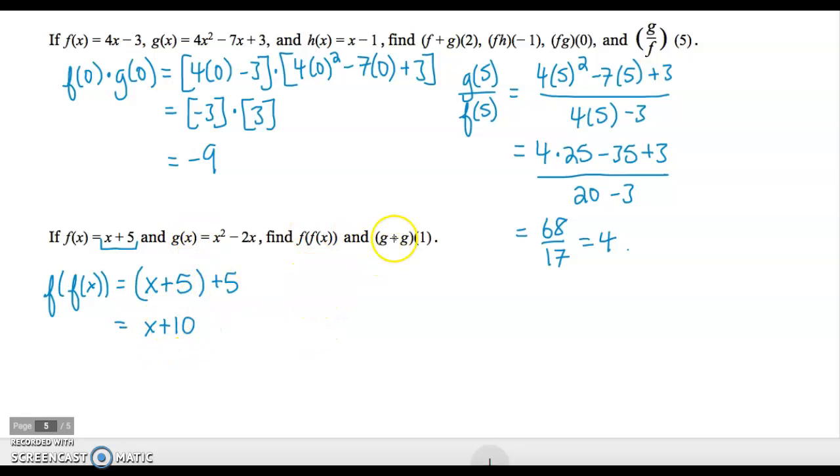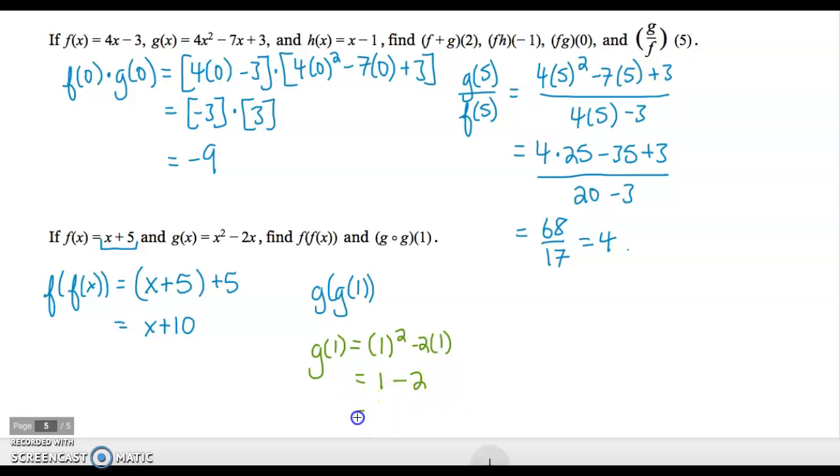All right, last one, g of g of 1. So remember the g of x we can rewrite like this. And this one, since I have an actual number in, I'm going to start working from the inside out. So I'm going to find g of 1 first, just off on the side. So g of 1 would be 1 squared minus 2 times 1, which would be 1 squared is 1, 2 times 1 is, excuse me, 2.